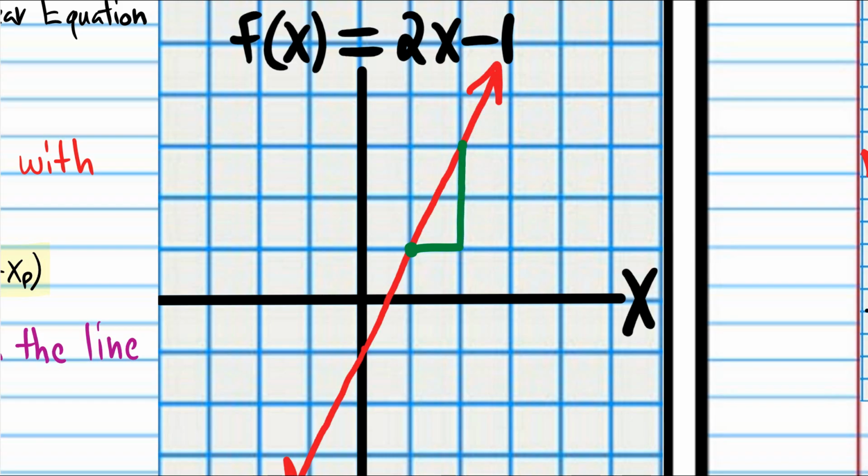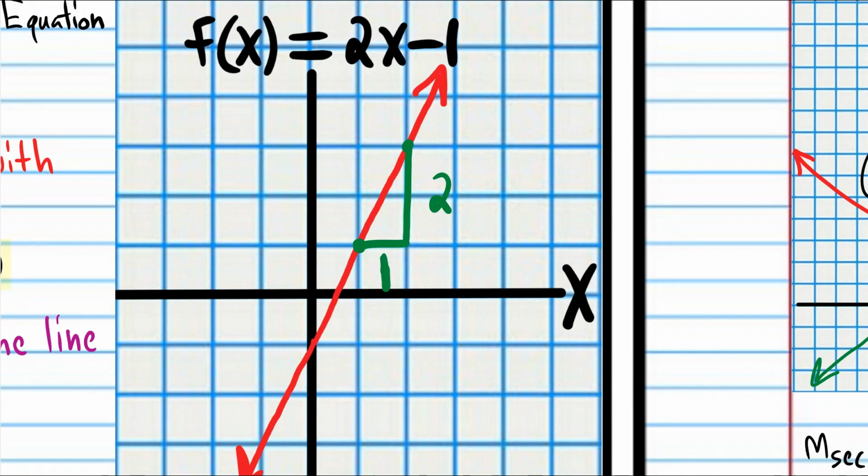So you see we move up 2 units vertically. If we move 1 unit horizontally, we move 2 units vertically to get back to the line. And so what we do is we divide these numbers. We divide 2 by 1. Remember, we call this rise over run. Rise divided by run.